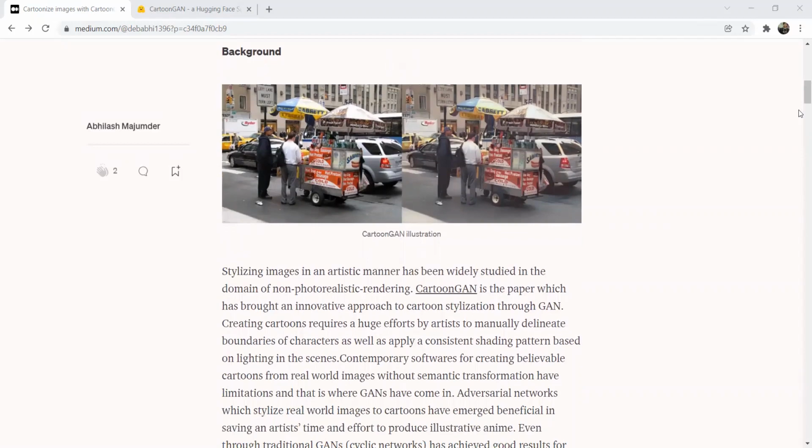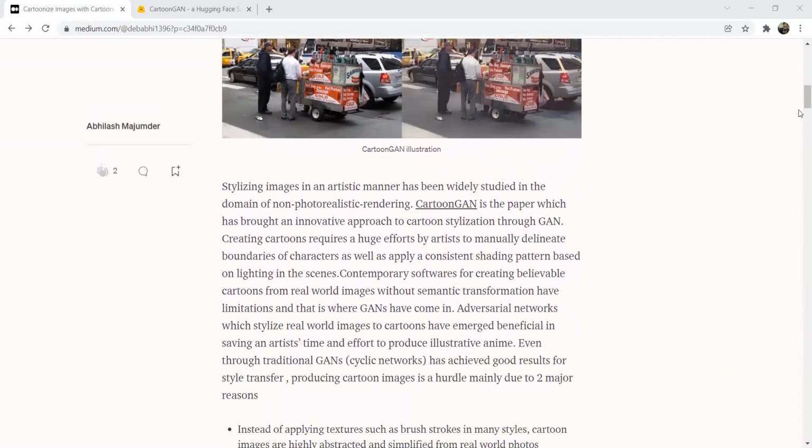Most real-world images converted to cartoons for illustration purposes have this unique property of perfectly bordered and segmented elements, which can be easily recognized through their standard shadings and texture patterns. Contemporary software for creating art, such as convolution-based neural networks, which create art forms from real images without semantic transformation, has certain limitations.